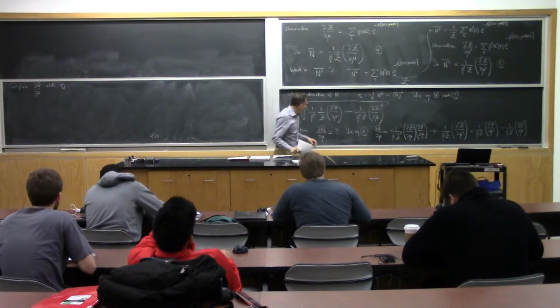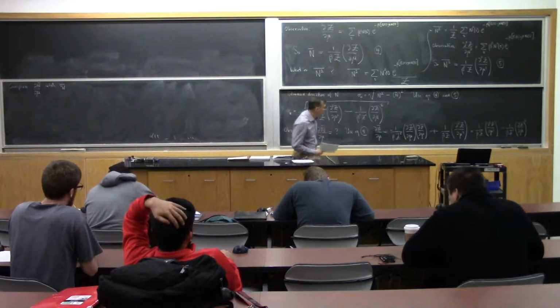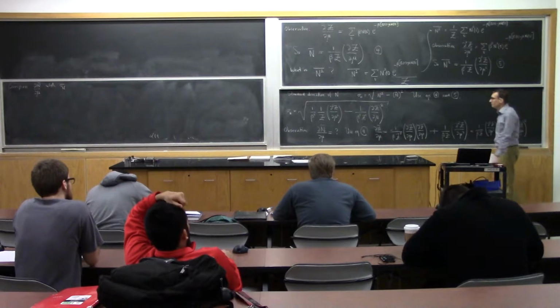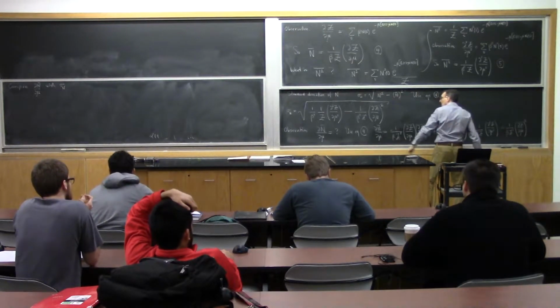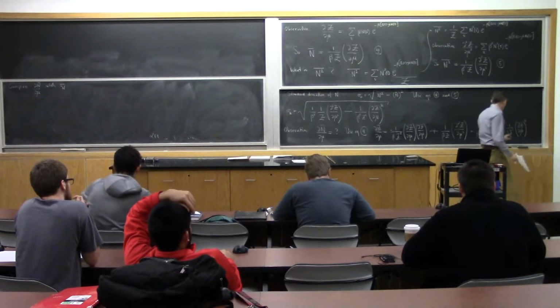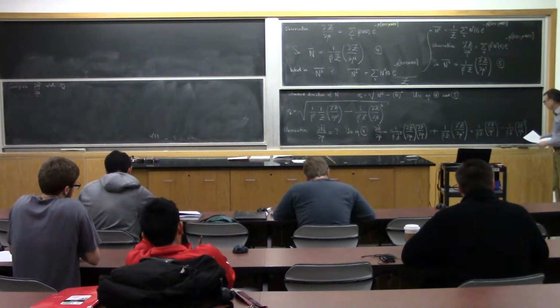The key things are there: 1 over z, second partial of z with respect to mu, minus 1 over z squared, partial of z with respect to mu, quantity squared.